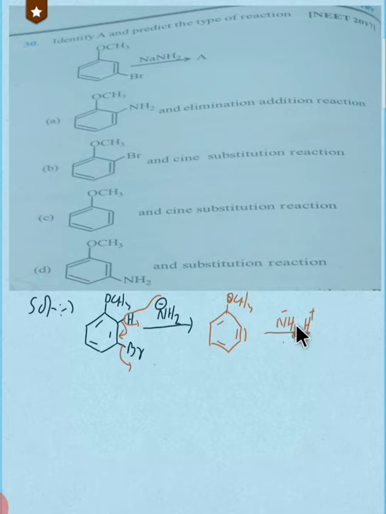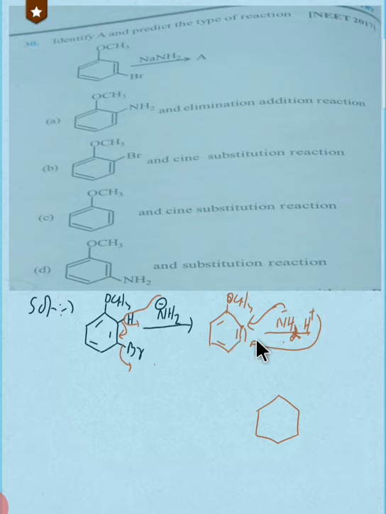In this case, because of the minus I effect of oxygen, this position will have some electron deficiency. So this NH2 group will be added to this carbon atom, and the hydrogen will be added to this carbon atom. So we will get this product.